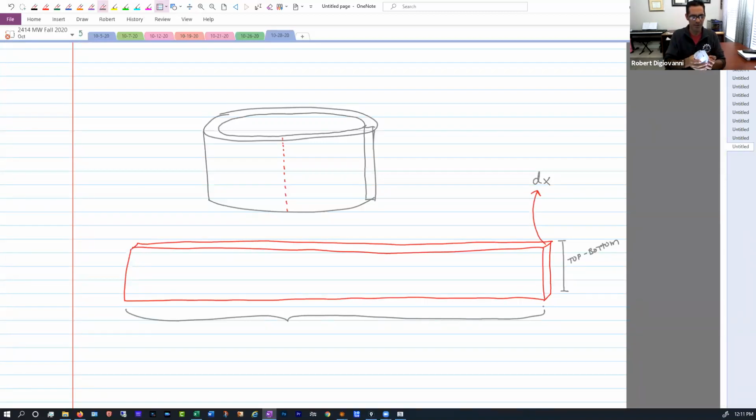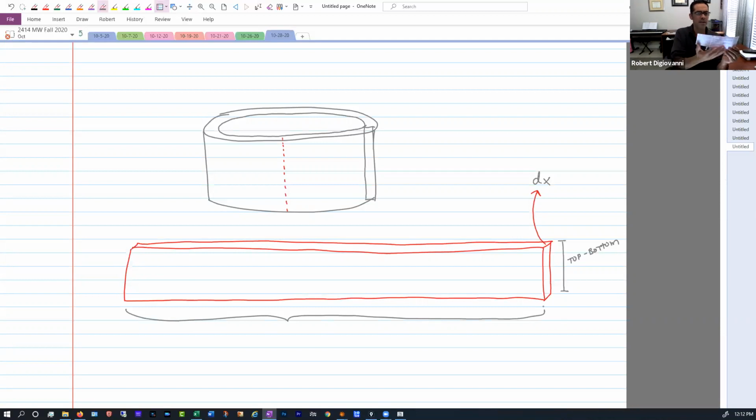Just a piece of paper. So this is our shell, right? This is our shell. And we cut it and we opened it up, right? And that's what we have, but it's got a little bit of thickness to it. That's the dx, right? So my question is, how long is this, right? We know that the height is top minus bottom. Thickness is dx.